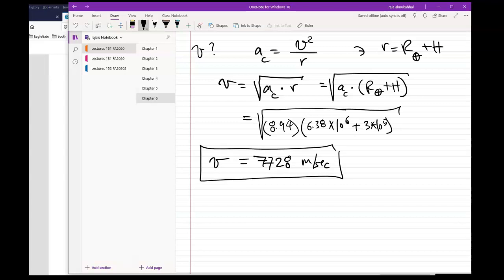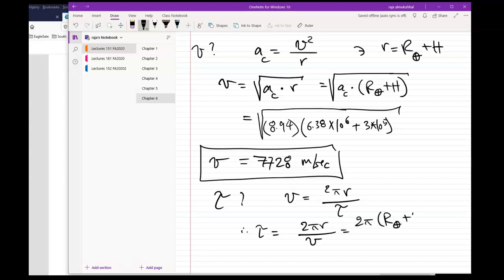And then the next part, he said, what is the period? Well, what is the period equal to? Well, we know that the velocity is 2 pi r over the period. So therefore, the period is 2 pi r over the velocity, or for our case, 2 pi, r Earth plus height, over the velocity.